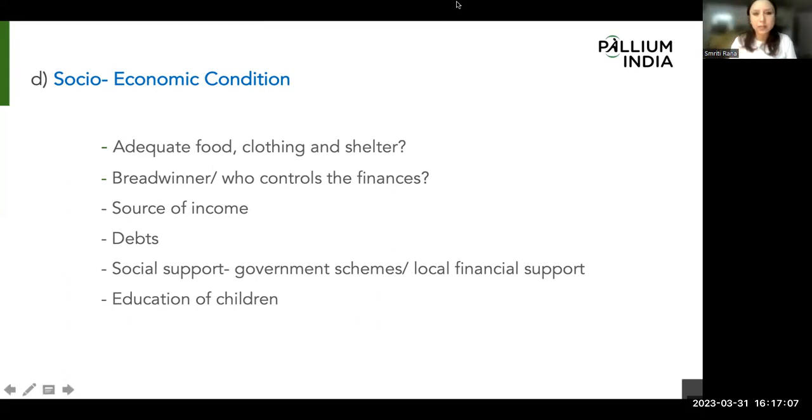I want to just spend 1 minute on one particular point, which is the breadwinner and the finances. Who is in the caregiving circle or in the genogram? Who is, in your opinion, the decision maker? Is the primary caregiver the decision maker?